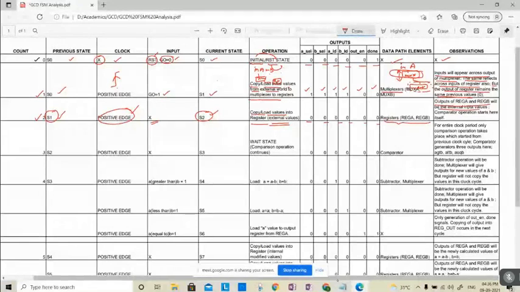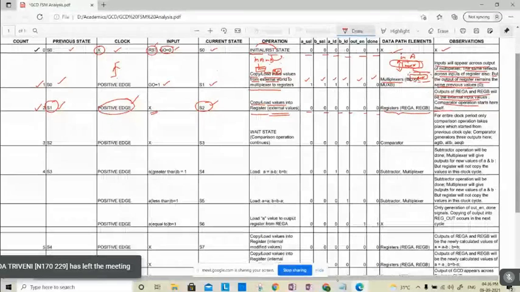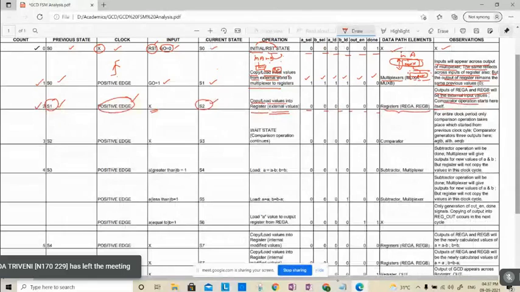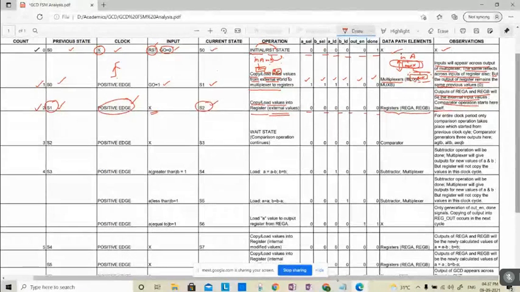The comparator operation starts here itself. Someone asked whether the comparator operation happens here or in S3. The comparator operation does not need to wait for the next state; it starts right here.